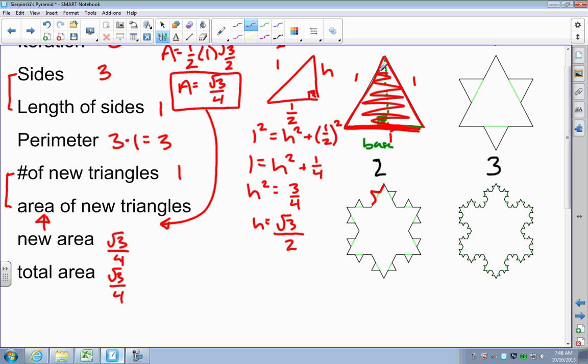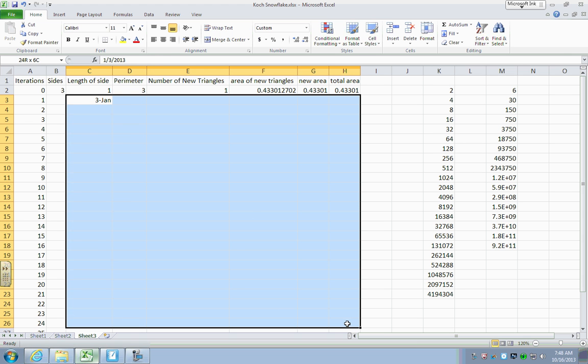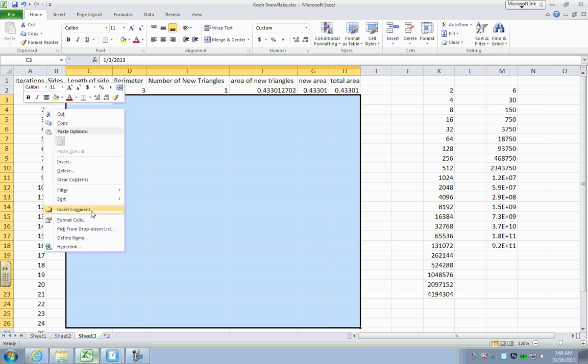Okay, length of the side. Now, if this was 1 and you split this into thirds, that means each of these things here is 1/3. So length of the side here is 1 divided by 3. Now, if it gives you January 3rd, what you can do is just kind of highlight all this stuff. Sometimes it auto-corrects them to dates. Right-click, go to Format Cells.